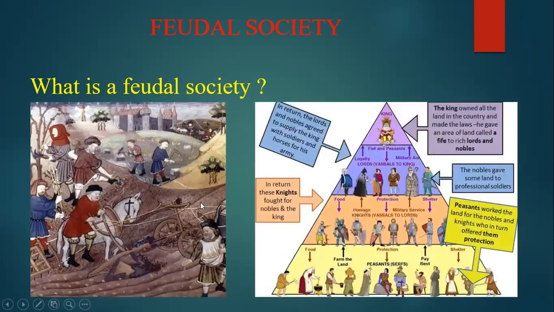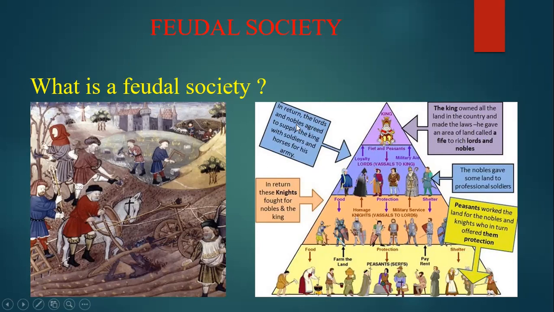So in this system, this is the castle of the noble, and these are the slaves working in his land, and the king, the lords and the knights, and the common people here, right? Now see, the king owned all the land in the country and made the laws. He gave an area of land called a fief to rich lords and nobles.